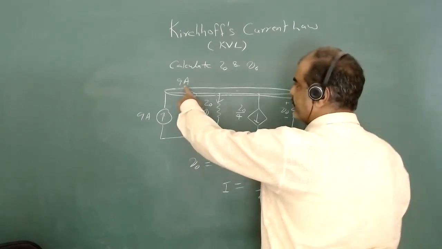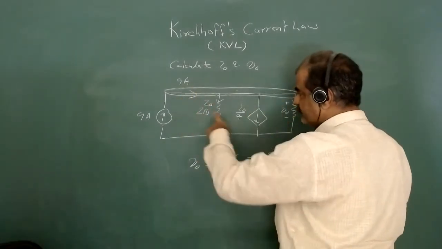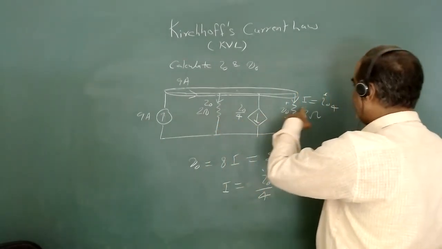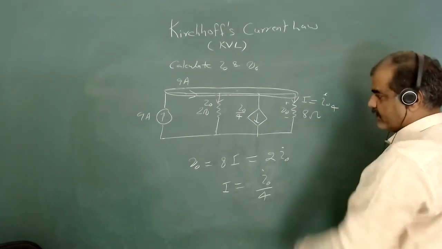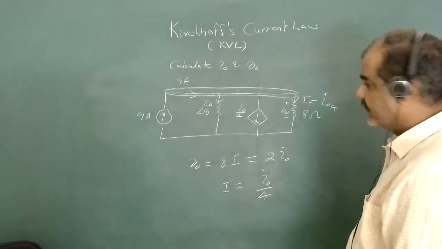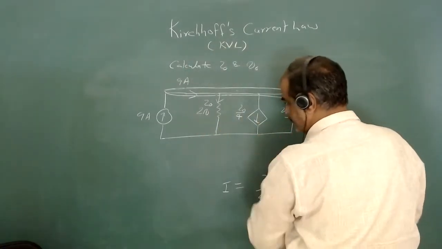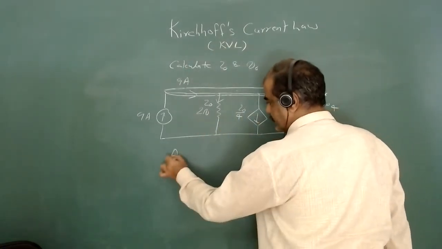So 9 ampere is current coming. I0 is going in the 2 ohm branch, I0 by 4 is flowing in this dependent source, and I0 by 4 is flowing across this 8 ohm. Now I can apply my KCL.